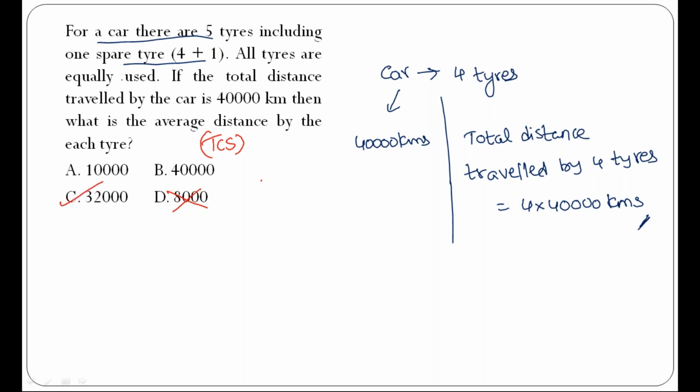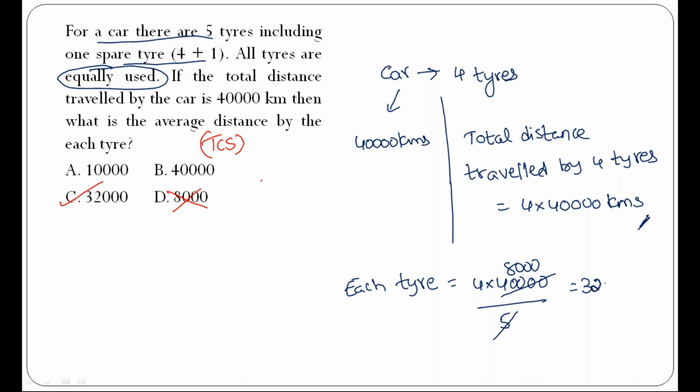All tires should be equally used. To make all tires equally used, this total distance, how much should each tire travel so that all are used equally? It is 4 into 40,000 divided by 5. This total distance should be distributed among 5 tires. So that's why we get 32,000 kilometers as the distance traveled by each tire.